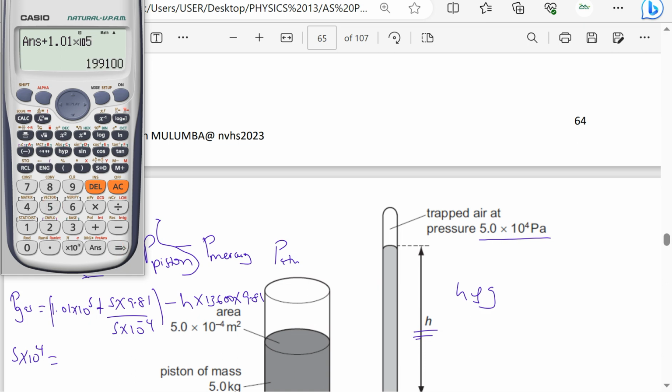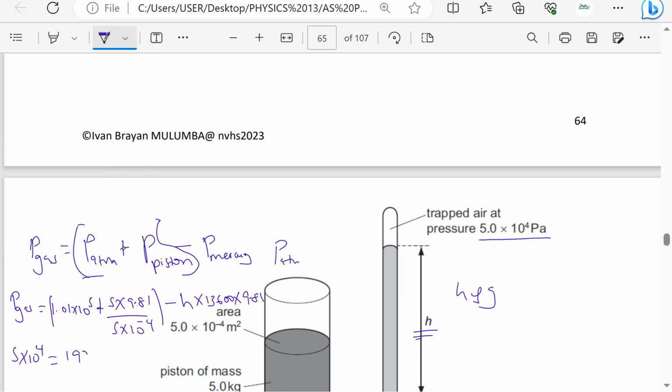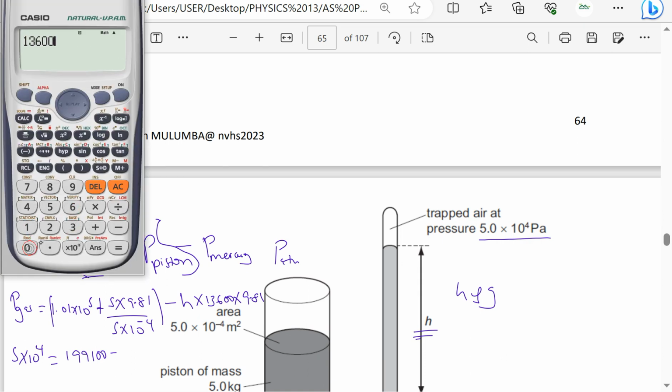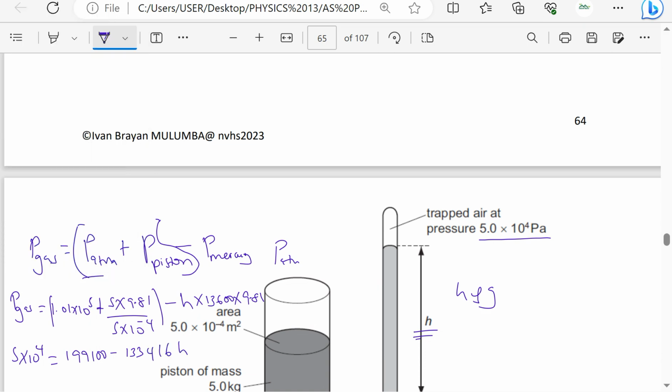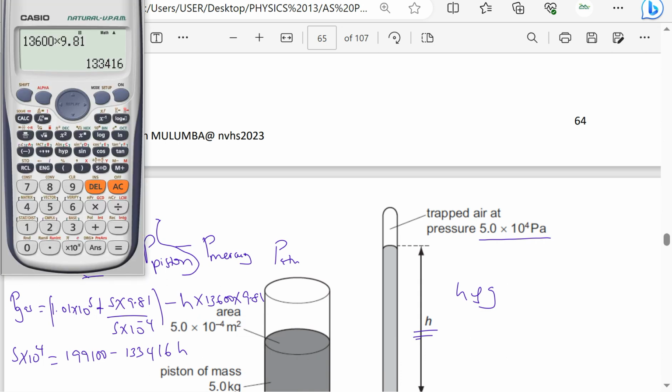So I have 199,100 minus 13,600 times 9.81, so I have minus 133,416 h. So I want h. I'll first take this to the other side. So I have open brackets 5 times 10 power 4 minus 199,100, divided by the previous answer.